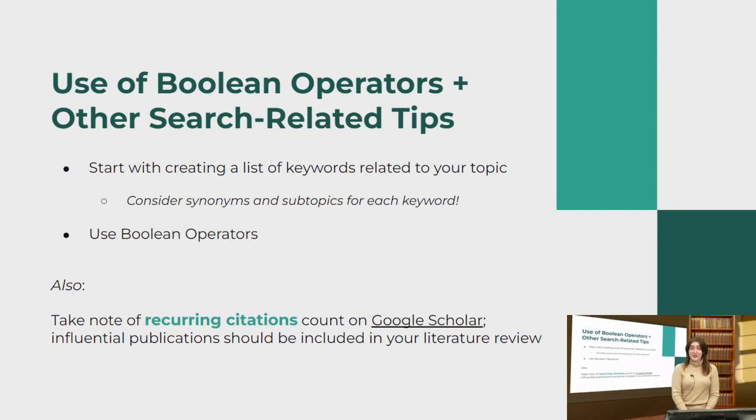In addition to using those operators we just looked into, you should also check out Google Scholar. Google Scholar does this really interesting thing where it notes recurring citations. So it'll say this paper has been cited 127 times. If you're noticing that something has been cited a really high number of times, it's likely that this publication is influential.